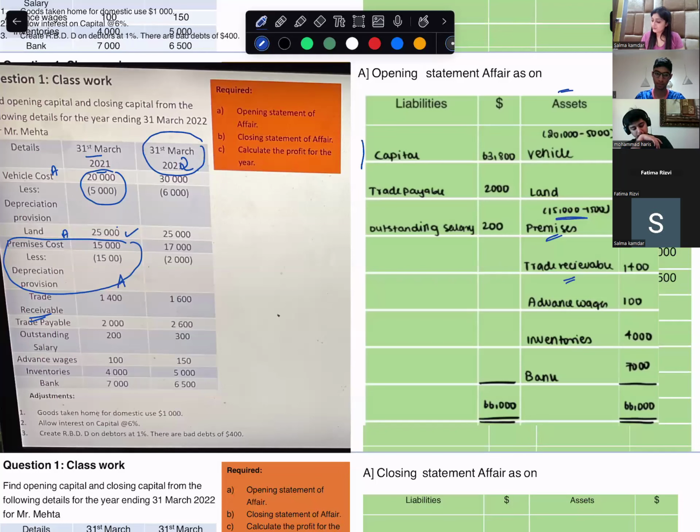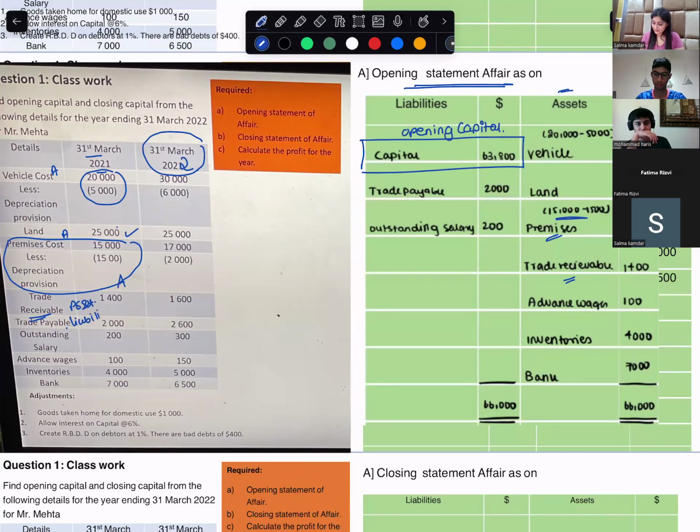What is my target to find out? The opening capital. My target is to find out the opening capital. Are you with me? Trade payables will be asset or liability? Liability.